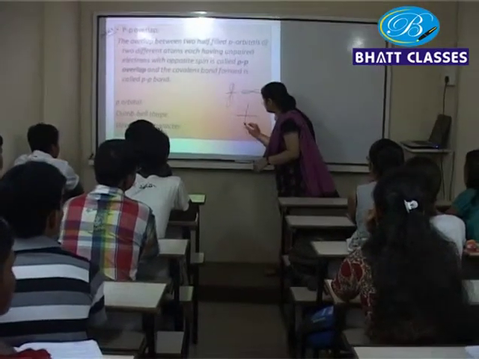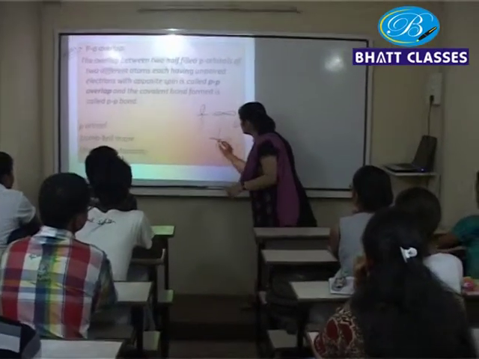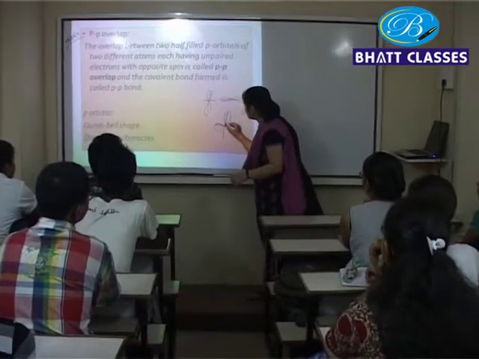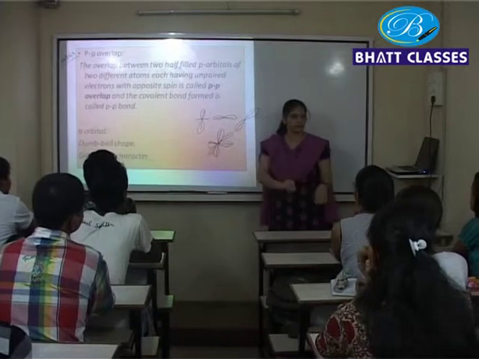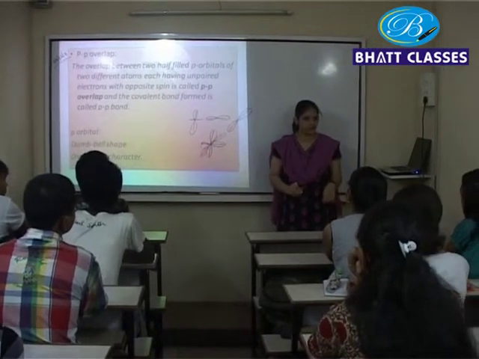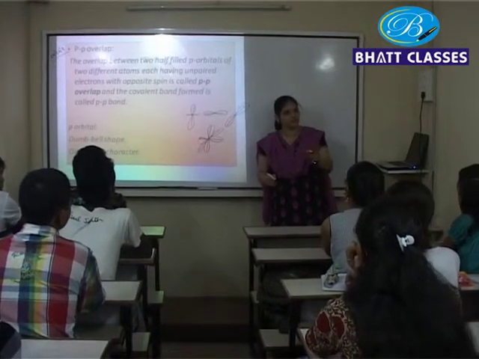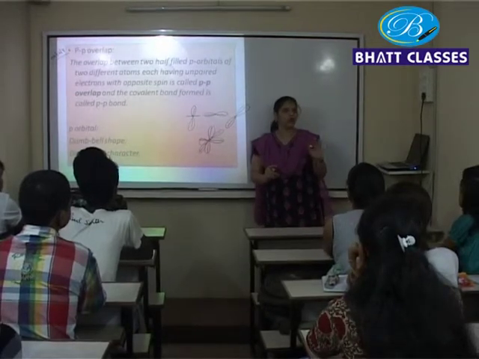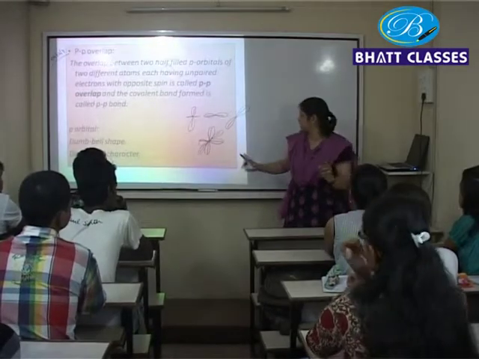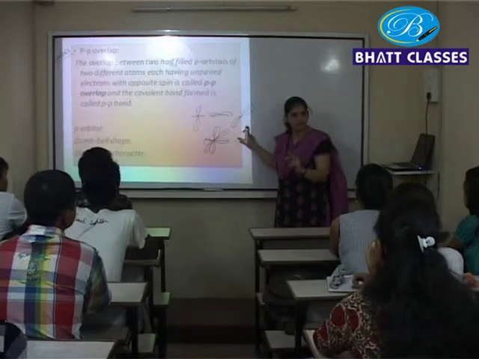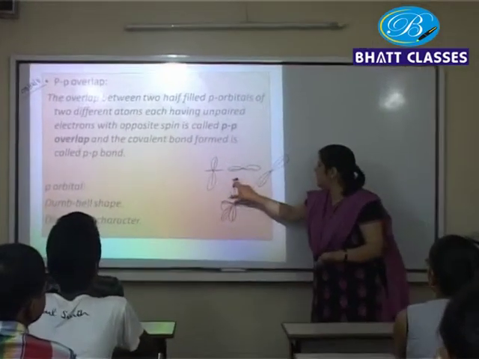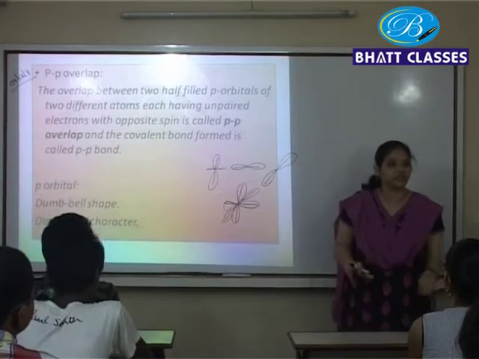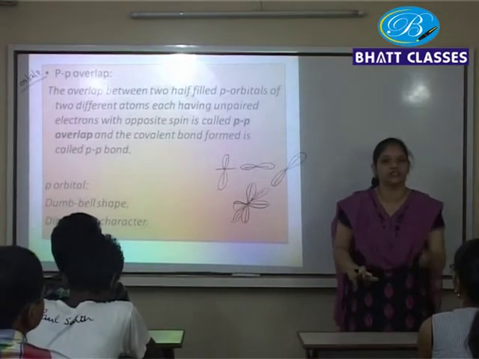As a whole, we can draw, yes or no? Px, Py and Pz. P orbitals are present in this way along the axis. It means they have some directional properties or directional characters.